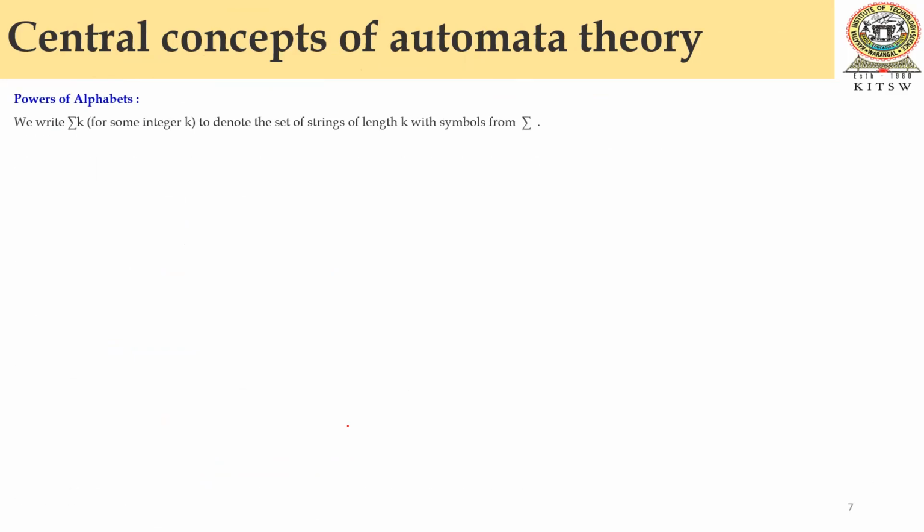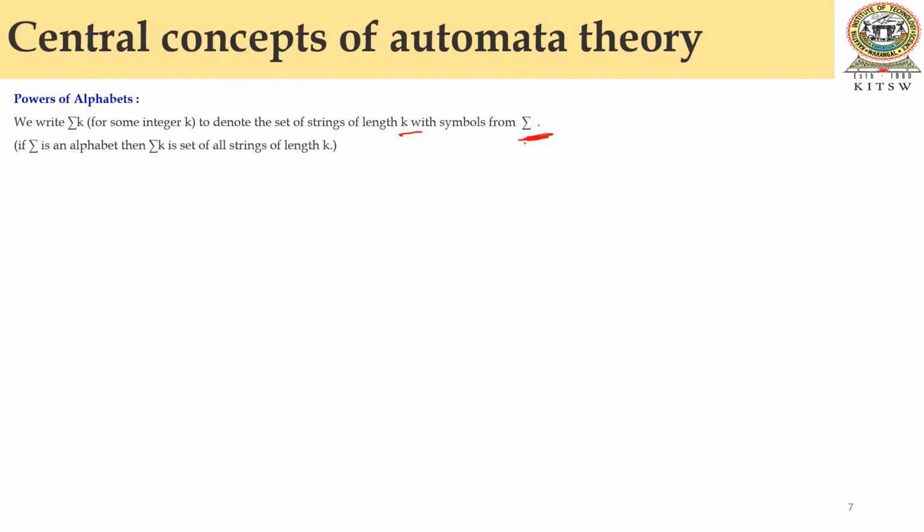So the next one is power of alphabets. We write sigma k, where k is some number from 0 to n, which denotes the set of strings of length k with symbols from sigma.